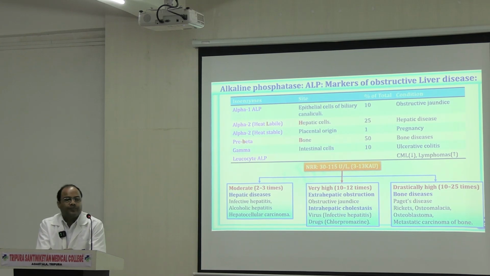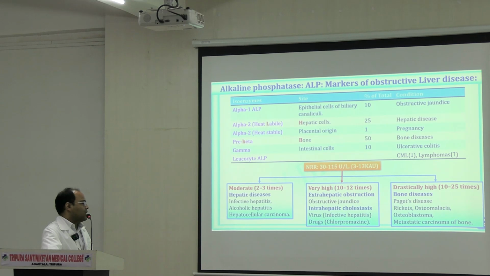Next, see the normal range. The normal range is 30 to 115 units per liter. Moderate increase, 2 to 3 times, is seen in hepatic diseases like infective hepatitis, alcoholic hepatitis, and hepatocellular carcinoma.